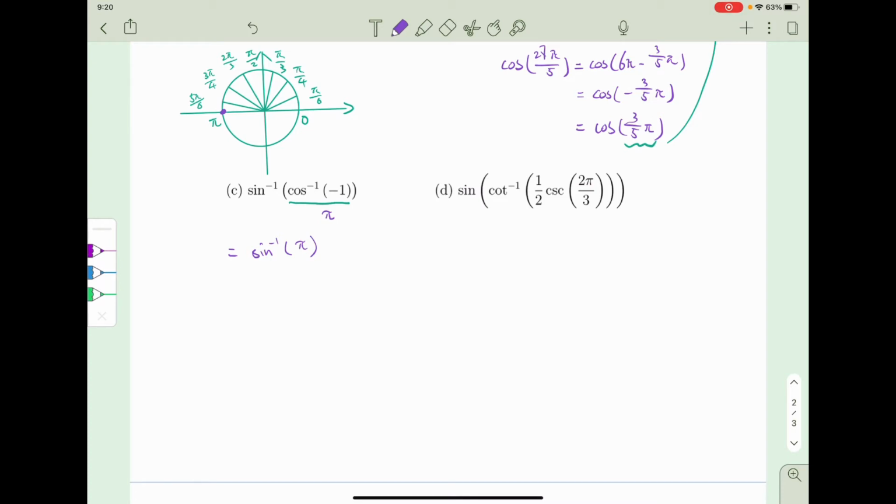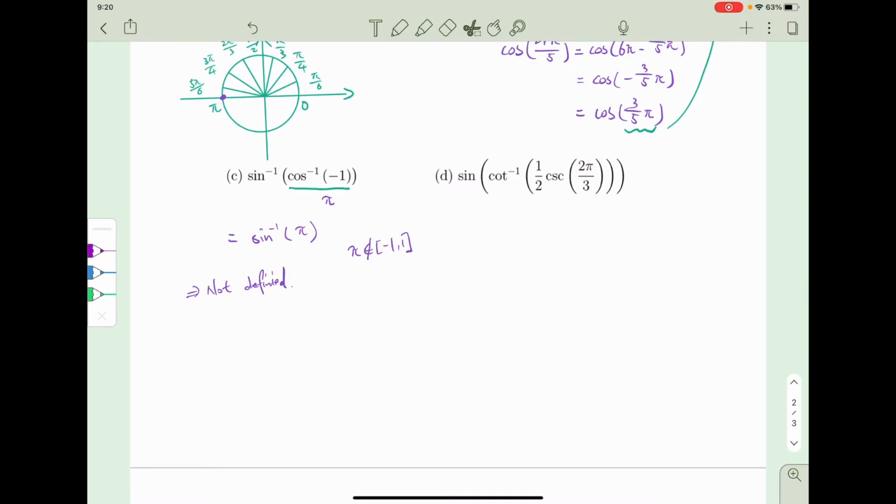We know that by our definition, the domain of the inverse of the sine function is from -1 to 1, right? So you see that this pi is not inside this domain, which means that this is not defined because pi is 3.14 something. Right? So that is question C, not defined.